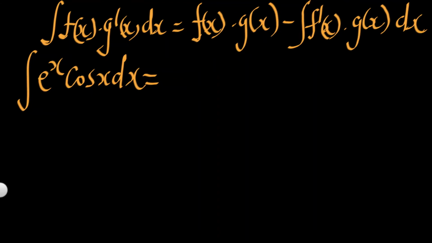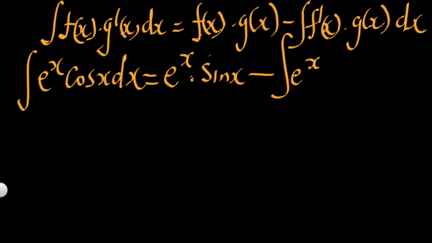It may be given in different formats, guys. You may find it in different formats. Don't be confused. This is another good format that you can use also for the formula for integration by parts. f of x is e to the power x. g of x is the antiderivative of cos x, which is sine x, minus the integral of e to the power x, the derivative of e to the power x is e to the power x, times sine x dx.